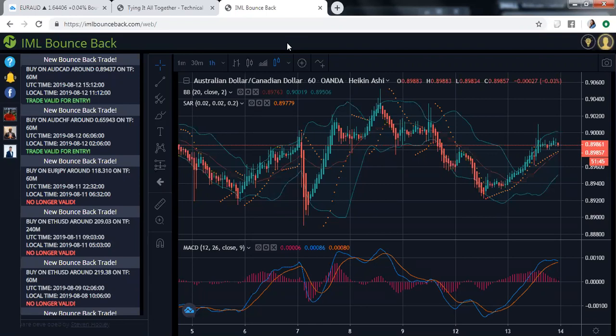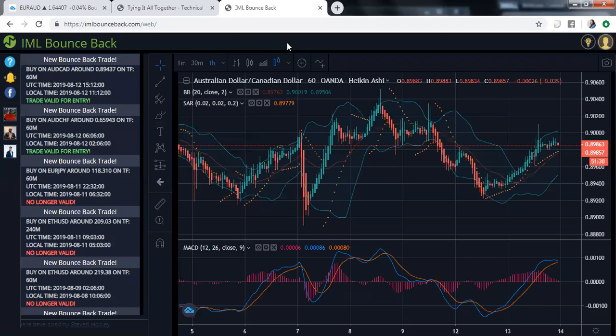That's why the majority of the news related to the Australian dollar and New Zealand dollar tends to happen from 5 p.m. onward, because that is when these pairs actually tend to move.